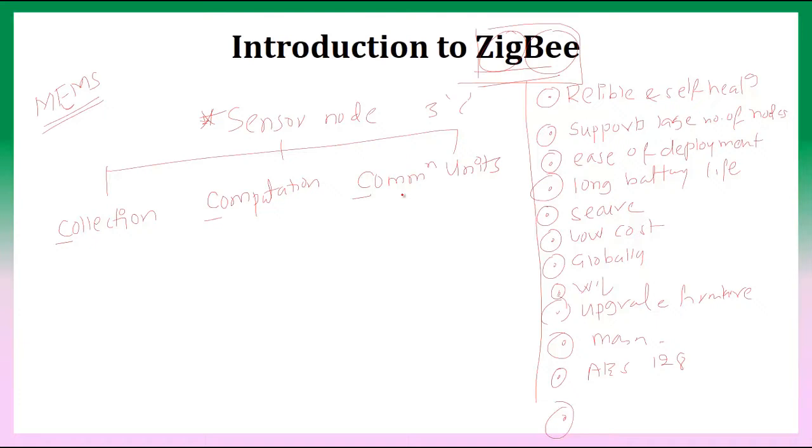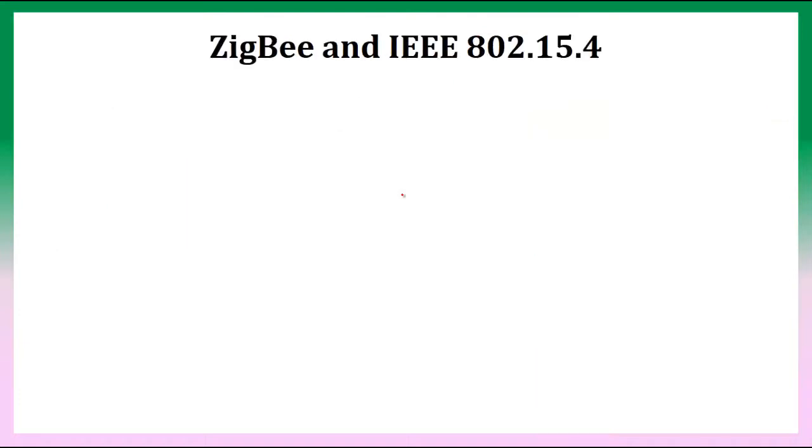Now we need to see what is in general. If you search, you will find that ZigBee and IEEE 802.15.4 are considered the same. But we need to understand what is different and what is common. So we'll get into what ZigBee and the IEEE standard are.